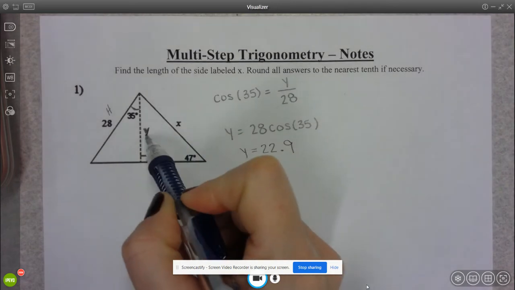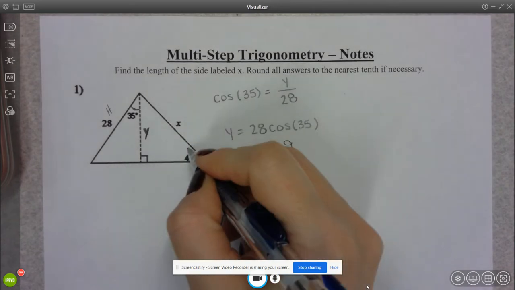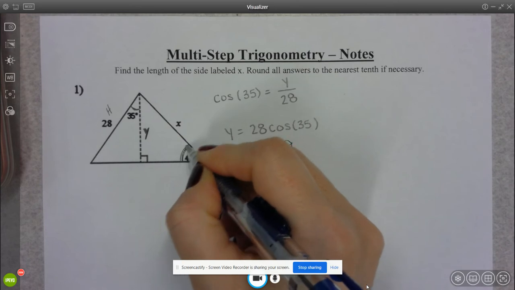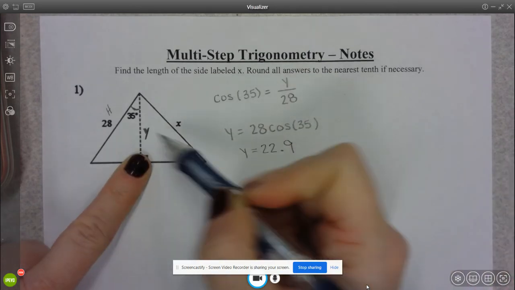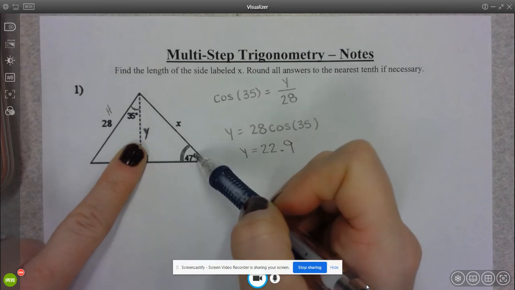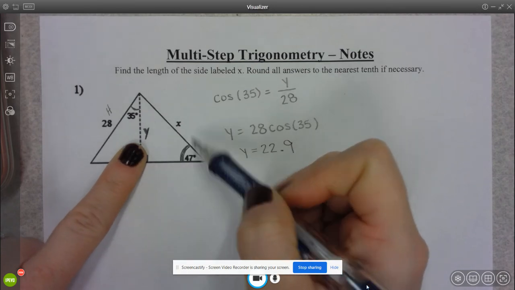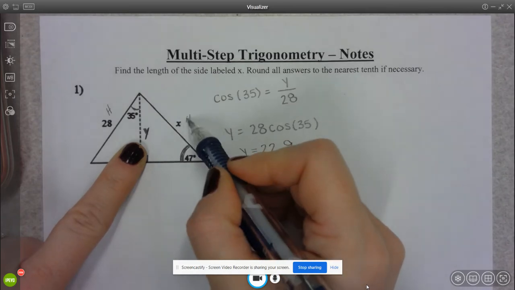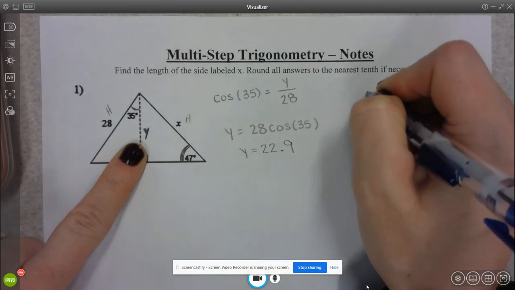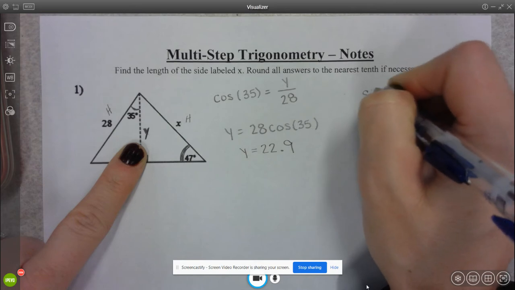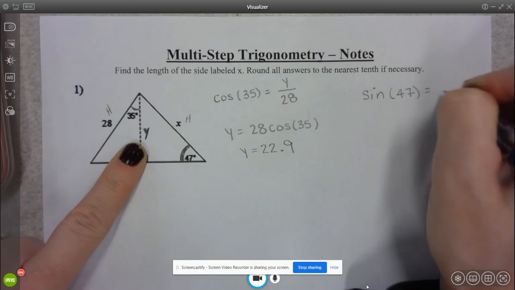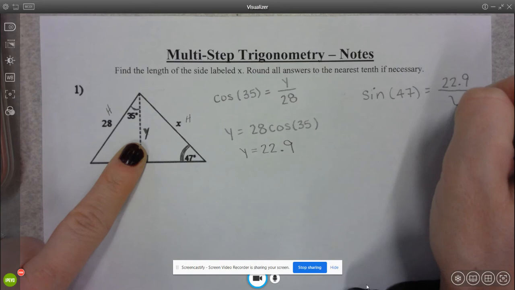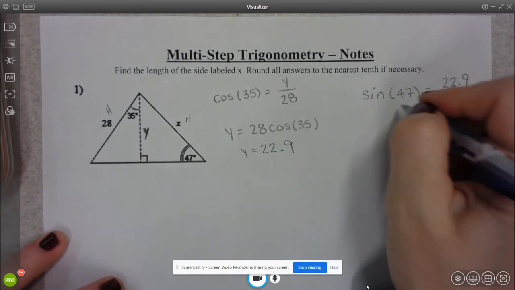So now I know that Y is 22.9, and I'm going to move over to my other triangle here, and now I'm using 47. So Y in relation to 47 is opposite. X is our hypotenuse. So opposite and hypotenuse means we're dealing with sine. I know that Y is 22.9, and I don't know our hypotenuse.